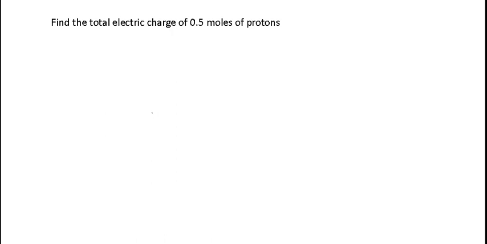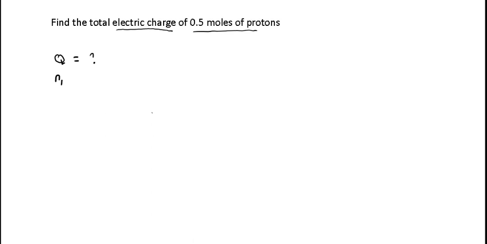So the first parameter there is the total electric charge, which is Q. The Q is what you are looking for. You don't know it. Then another parameter here is 0.5 moles of proton. So we have N subscript P, which is equal to 0.5.